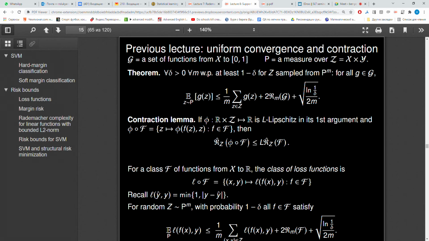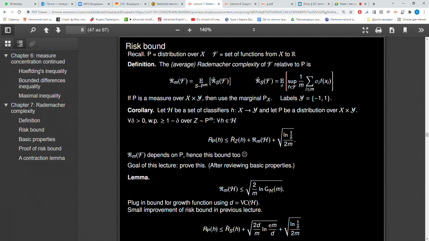I hope that you understand the main idea of this inequality. We want to bound the value of some function, usually the loss function, using the average mistake on a training sample and some measure of complexity of your set of functions. That's like Rademacher complexity. If you remember, we had one definition of Rademacher complexity.